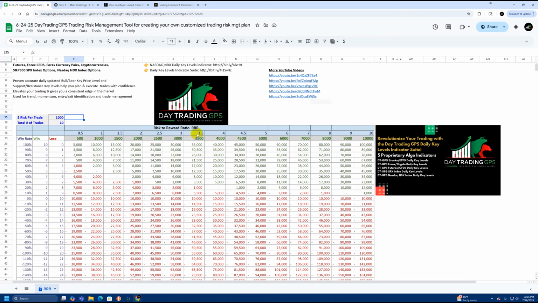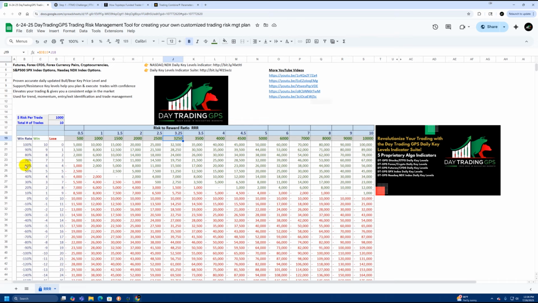So you can either look at doing a 3.5-to-1, or you could change this to something different, like for example 3.25, because remember, we said that you could change this to whatever you wanted to. So at a 3.25 risk to reward ratio and a 50% win rate, your profit over the 10 trades is going to be $11,250.